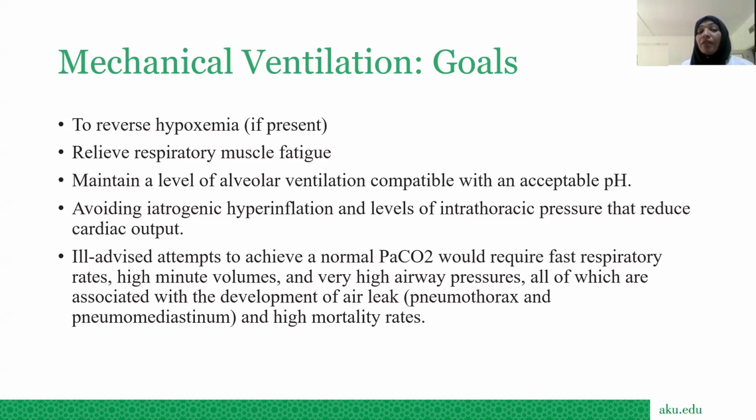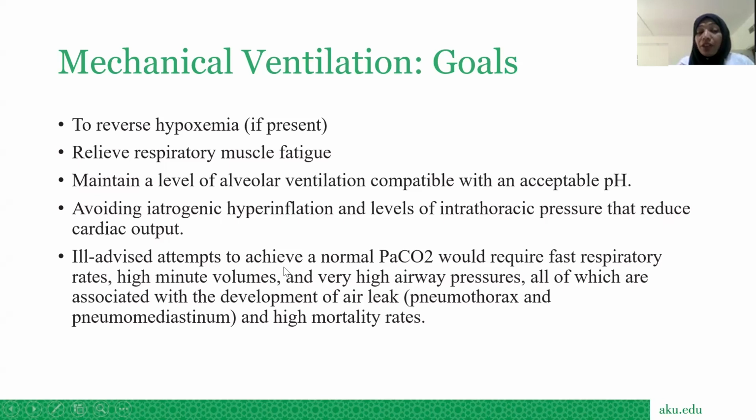Our goals on mechanical ventilation are to reverse hypoxemia, relieve respiratory muscle fatigue, and maintain a level of alveolar ventilation which is compatible with an acceptable pH. While ventilating a patient with asthma, we have to avoid increased airway pressure. If there is increased airway pressure, cardiac output will be compromised.